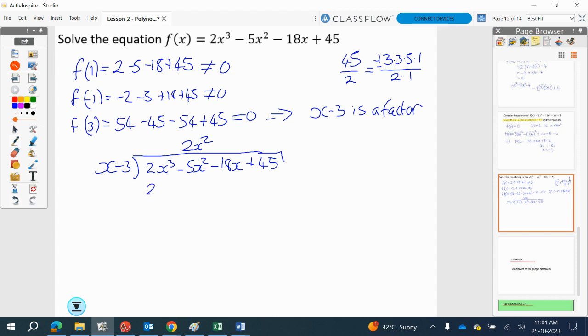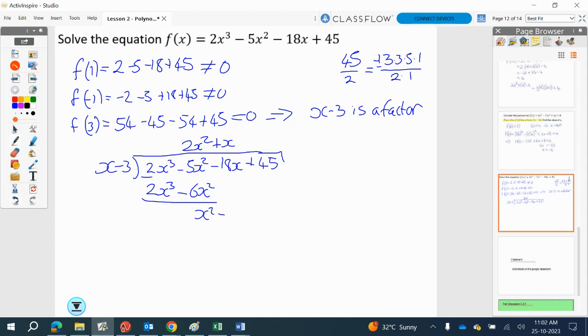That gives us 2x cubed minus 6x squared. If we do the subtraction, what are we left with? x squared. What do we multiply x by to get x squared? x.